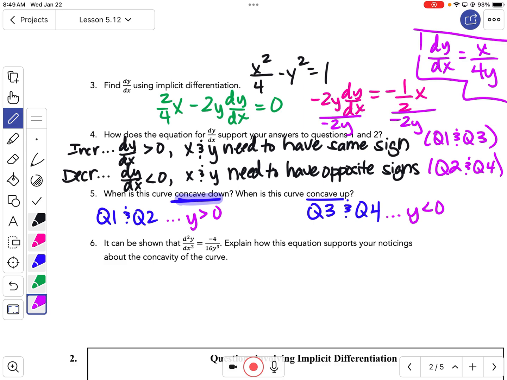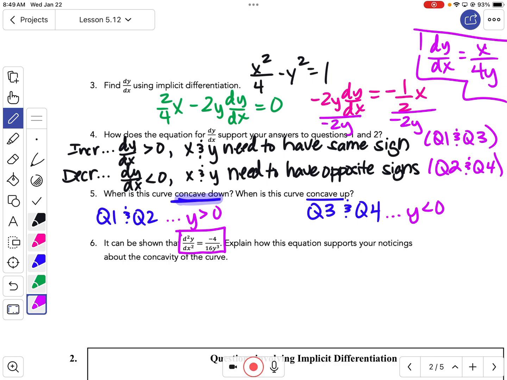Now, we know that concavity for calculus revolves all around what? Second derivative, okay? So they told me that the second derivative is negative 4 over 16y cubed. How does this support what we noticed about concavity? Well, let's see.